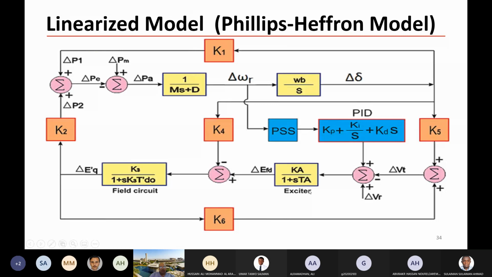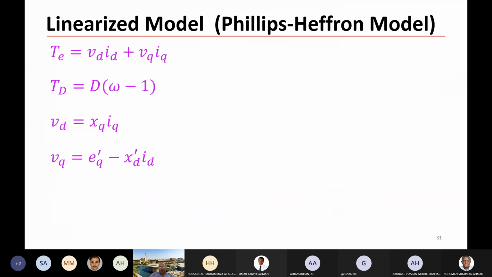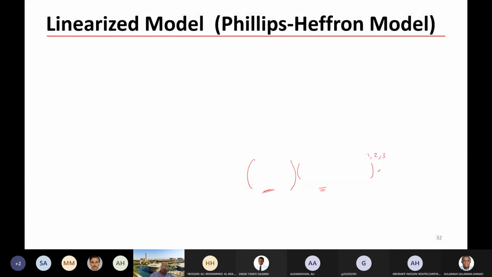This is called the Phillips-Heffron model, and this is the very famous, known linearized model of the synchronous machine, the Phillips-Heffron model, or K1 to K6 model. Then we have here 6 linearization constants, K1 up to K6.